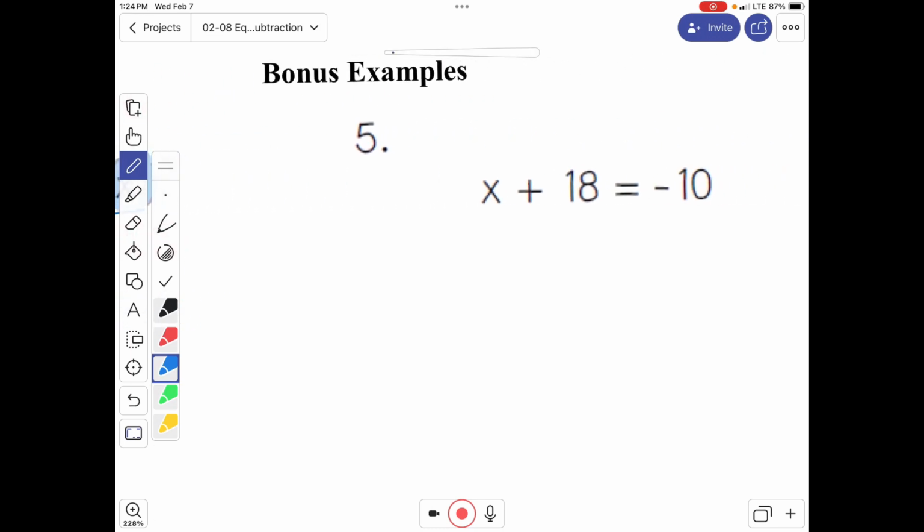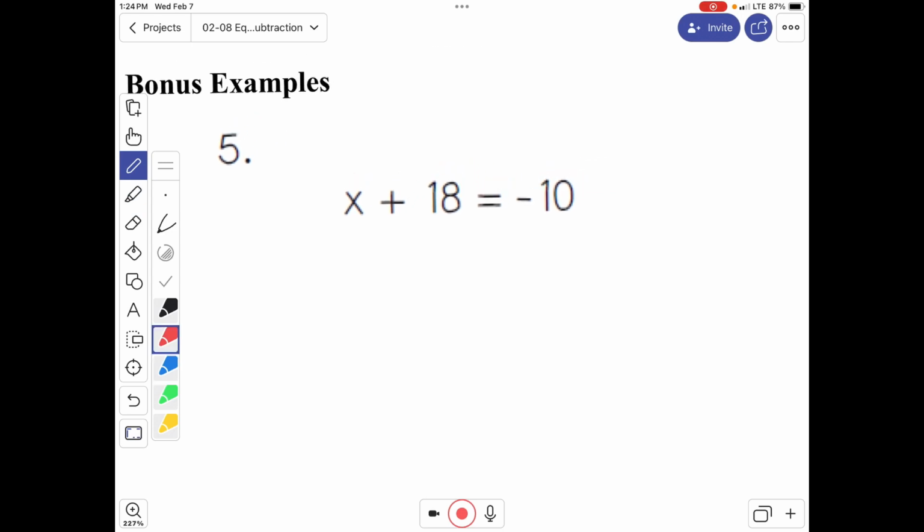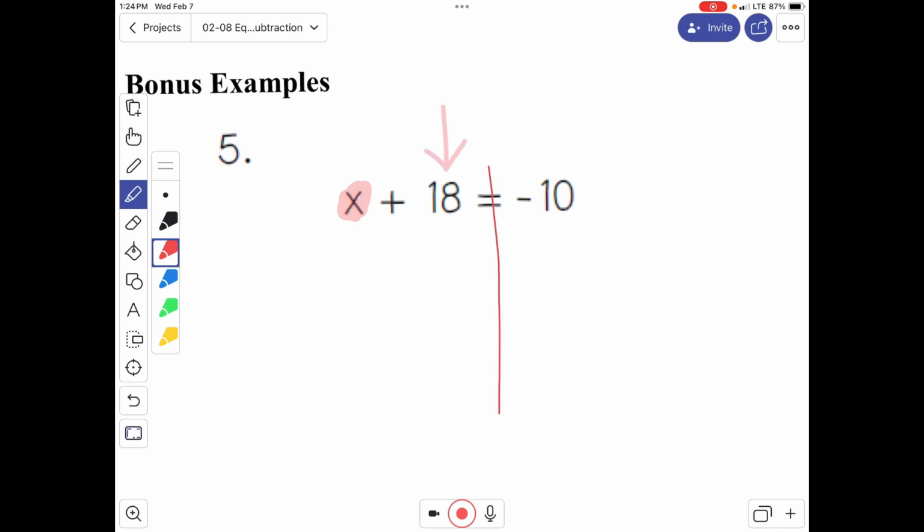Let's try another example. Okay, the first thing I did was draw a wall. And then I want to find the x, or the variable. Sometimes it's a different letter. So this is the number I need to get rid of. What is the opposite of +18?